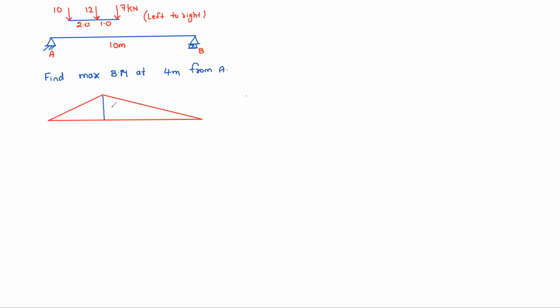This ordinate is, see, it is 4 meters. This is 6 meters. 4 into 6 by 10, 2.4. So, trial and error, actually we need to check everything. That means to get maximum, we'll have 3 cases here. One is, I will show you.